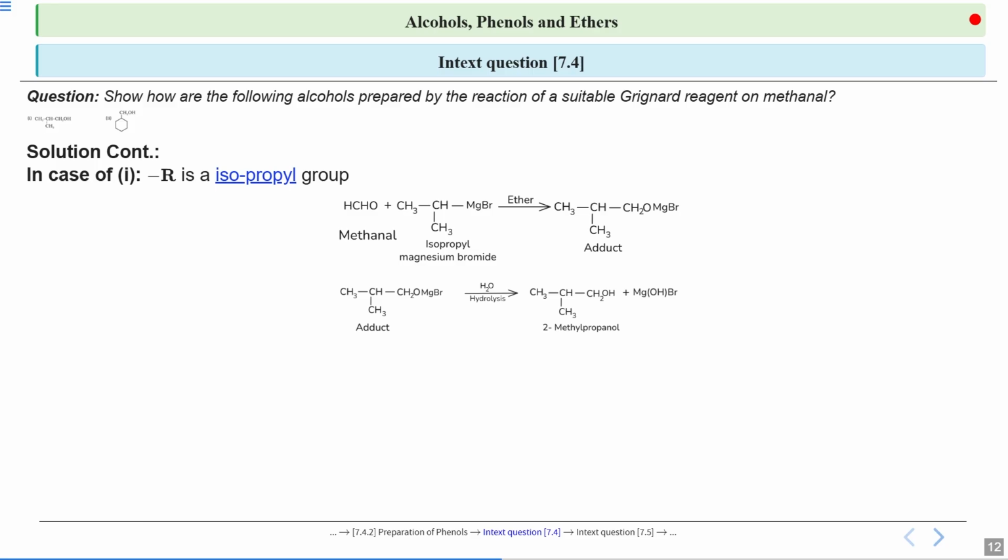The adduct reacts with the water molecule and undergoes the acid hydrolysis process, and you will get your primary alcohol as 2-methyl propanol, plus magnesium hydroxide bromide as your side product. Okay, so this is how you will get the first alcohol given as the product after the reaction of methanol and a suitable Grignard reagent, which is isopropyl magnesium bromide in this case.